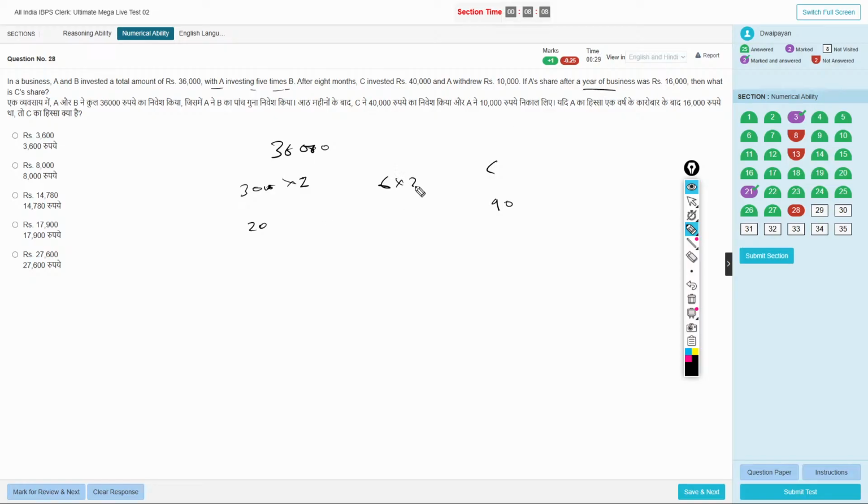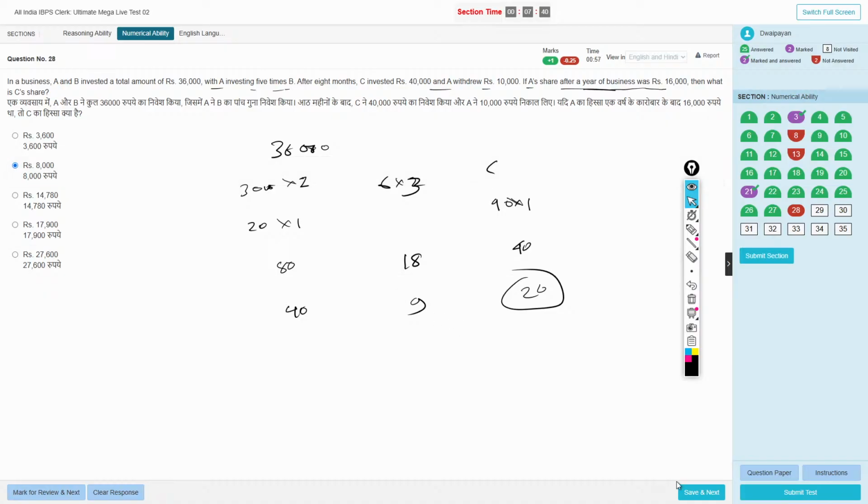So 2 into 2 and into only 1 into 1, and this is a share of, okay, just a share is given, so this is just 3. So this is 18, 20 and 60, 80, and this is 40. So 2, 40, 9 and 20. So just half of what A gets, 8,000.